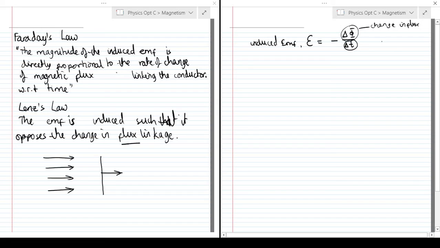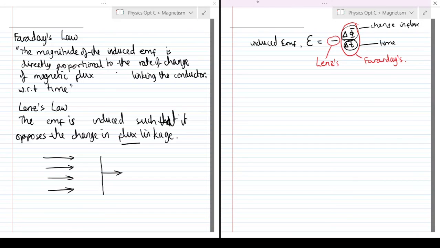This here is, of course, the time interval, and so the rate of change of flux with respect to time is the change of flux divided by the time taken, right? This negative sign portion comes from Lenz's law. And then this entire thing here, change in flux divided by the time taken, that is from Faraday's law.